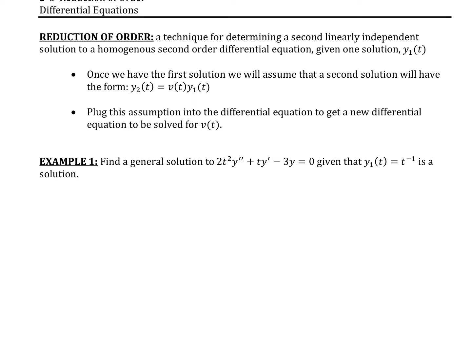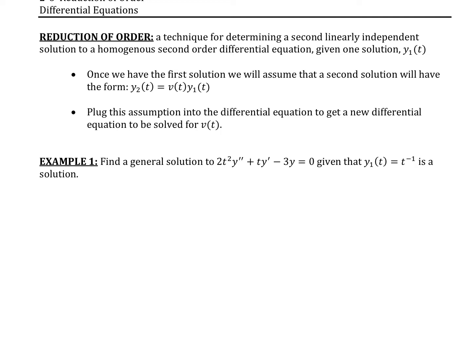So for example, if one of our solutions is x, and we end up solving for v and we get v to be also x, then our second solution would be x squared. That's the very simplistic part of that. It's not quite that easy. But if v is a constant function, then the dependent solution.